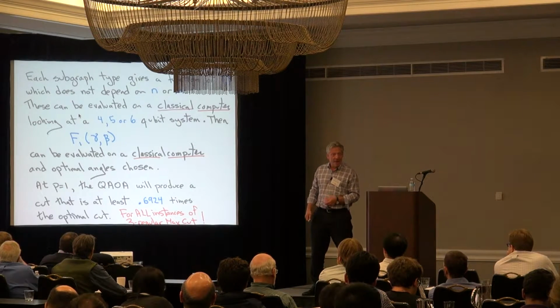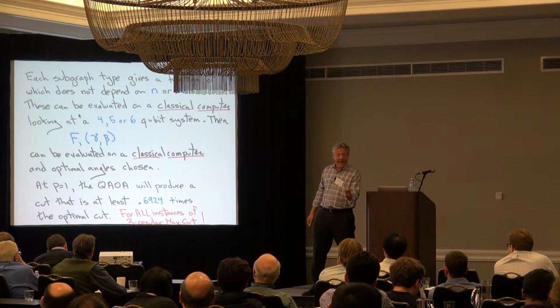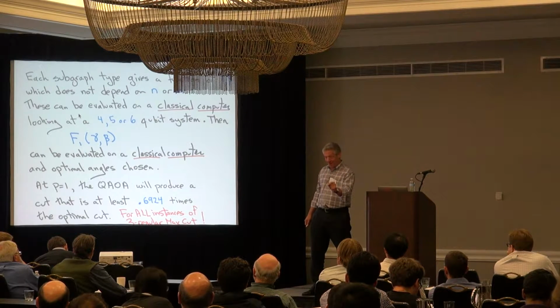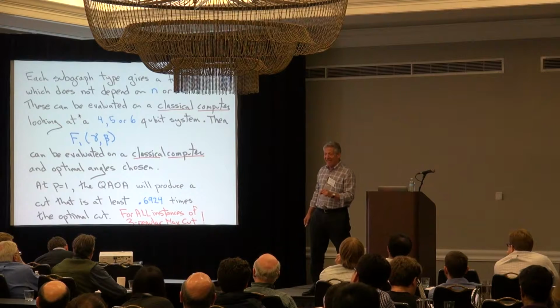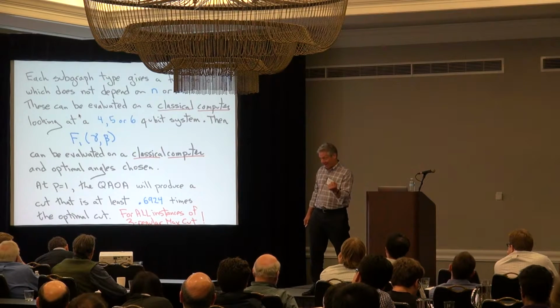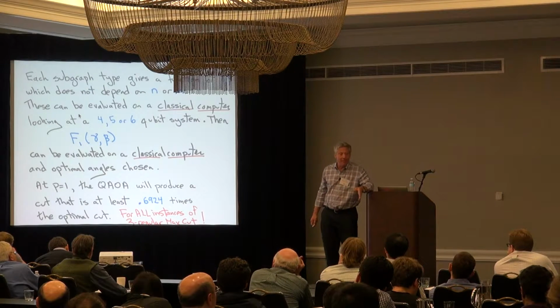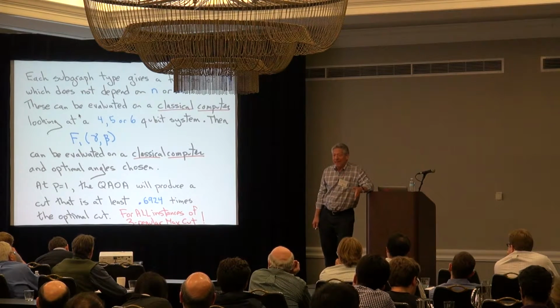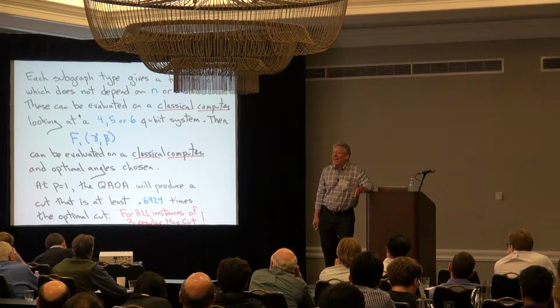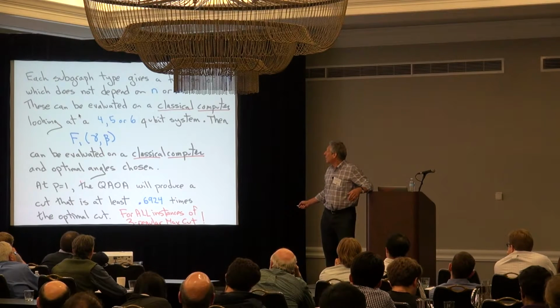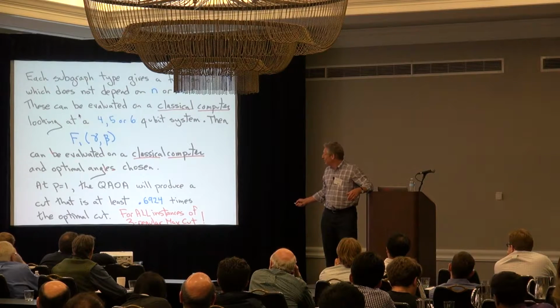And once I know the best angles, I can run the quantum computer to produce the state and measure the string. So the way it works is you classically pre-process, determine the best angles, and then you actually run the quantum computer to produce the state.